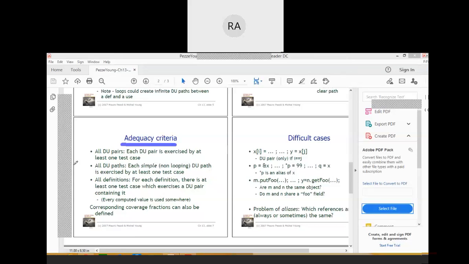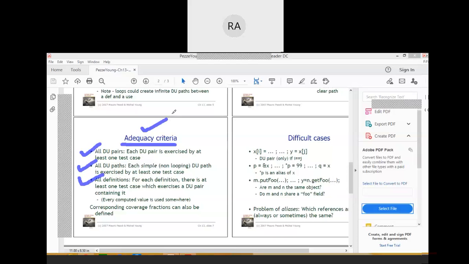These three things should be satisfied with respect to data flow testing, and these things will form adequacy criteria. It is the minimum requirement in order to carry out data flow testing in order to discover faults based on the flow of data with respect to your code.